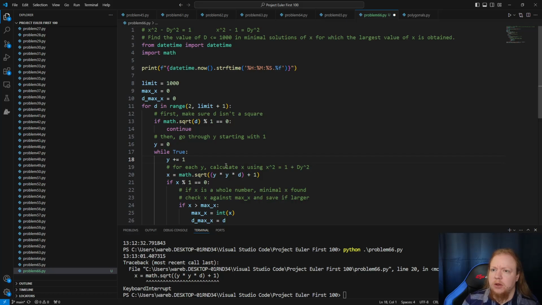So x squared is going to be times y times d. So is there a way to say if this isn't going to be a square root?